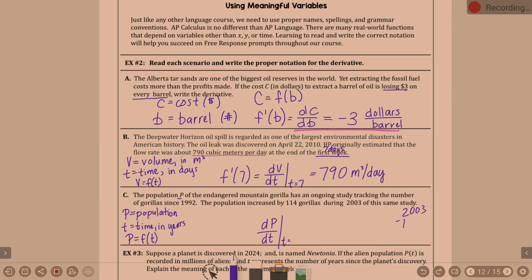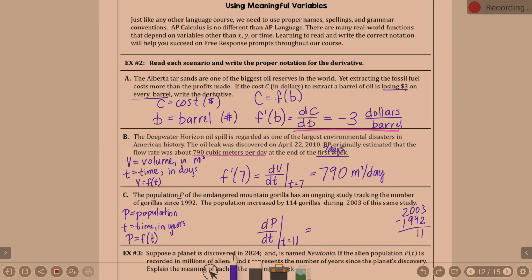Yeah. Wait, 11. Math. That's why I was coming over here to show that 2003 minus 1992 is 11. Okay, so the change in population over the change in time, dP/dt, evaluated at t equals 11. And what is this equal to?